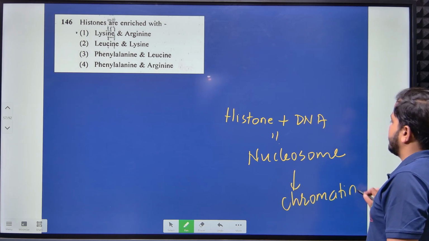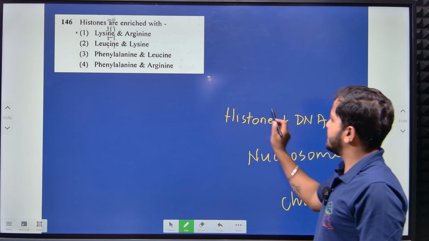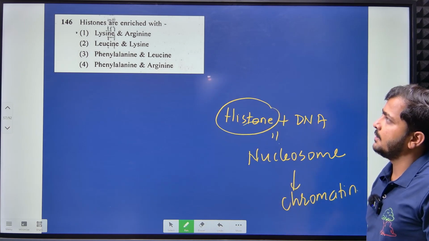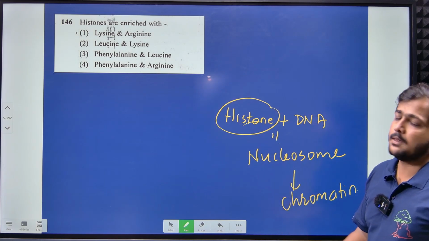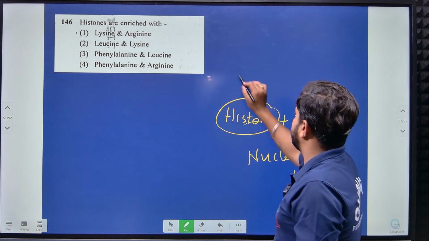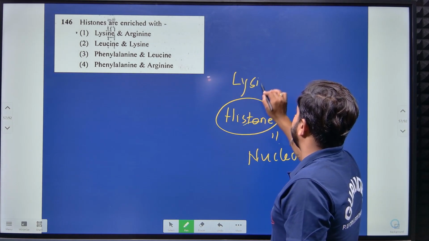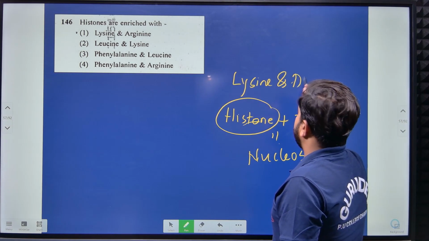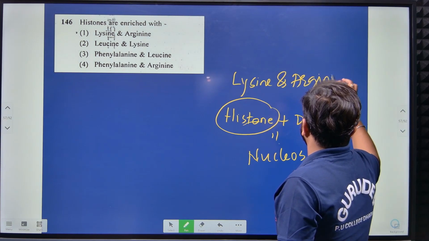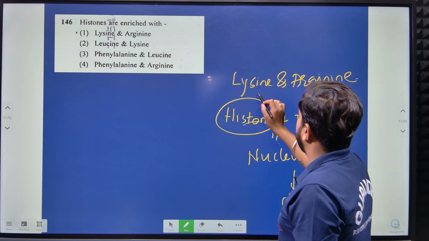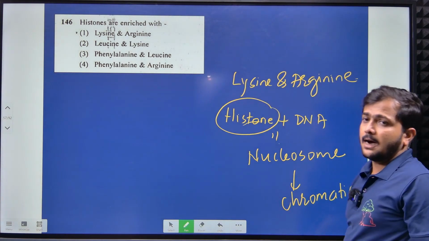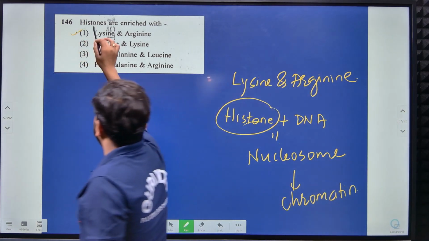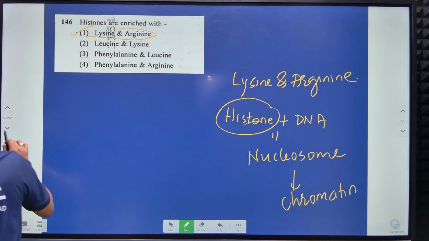So like this you are going to find the structure. Now they are asking what this histone is made up of, which type of amino acids. Here histone is actually made up of lysine and arginine. 60% of the histone molecule consists of lysine and arginine. So that is option 1, correct.